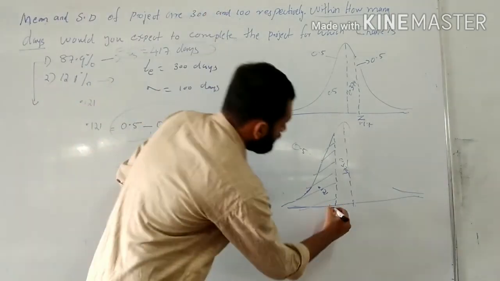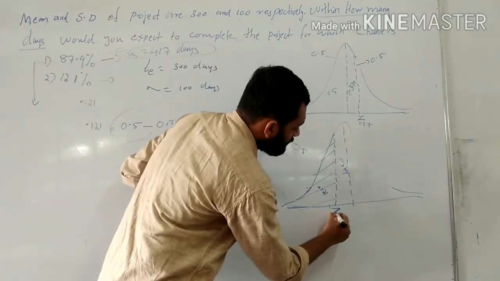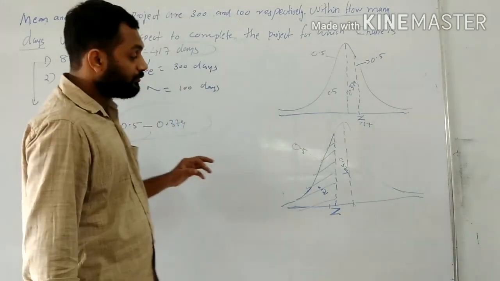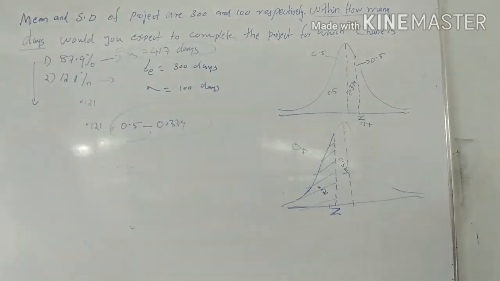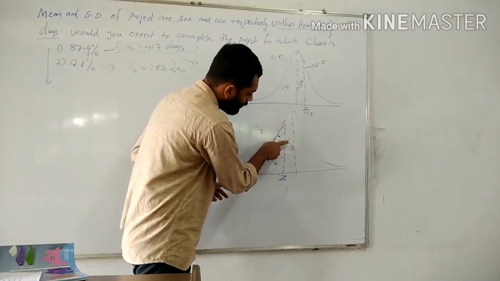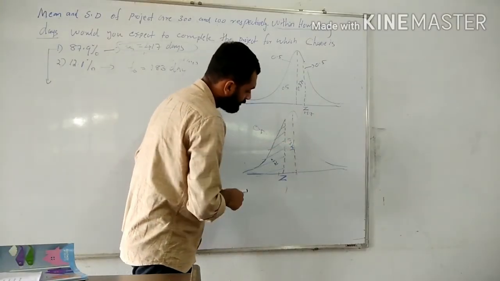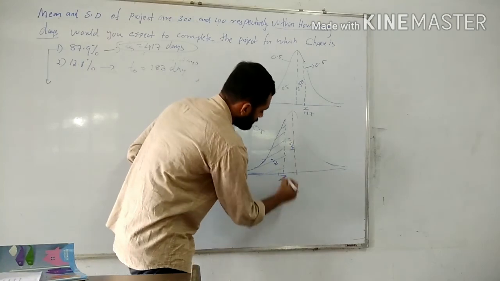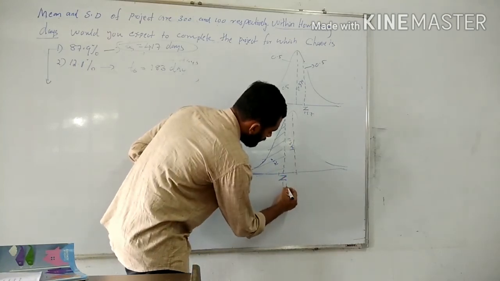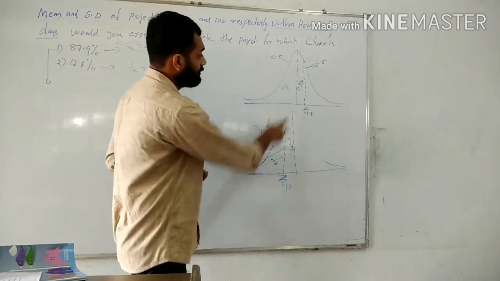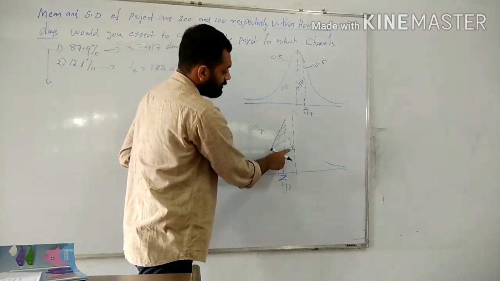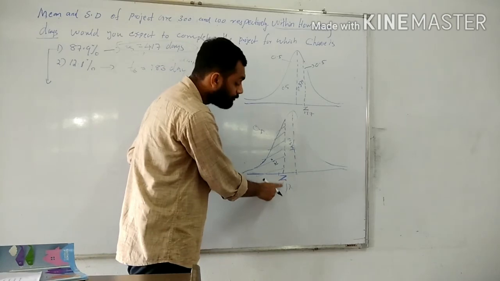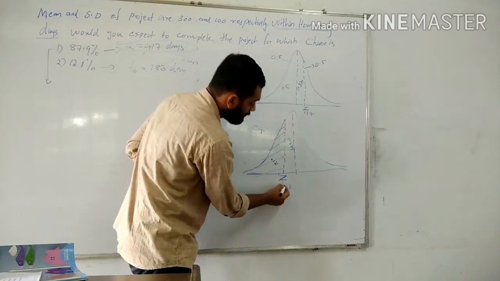So here we want to find the Z value, or table value. We know for the area 0.379, the Z value is 1.17.